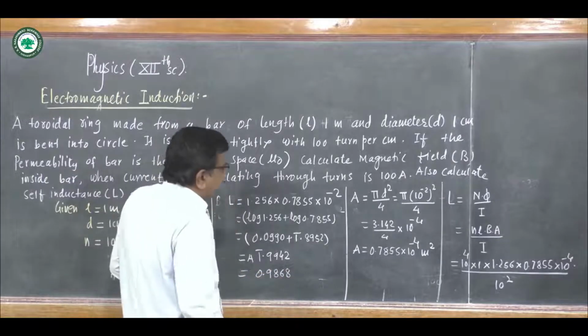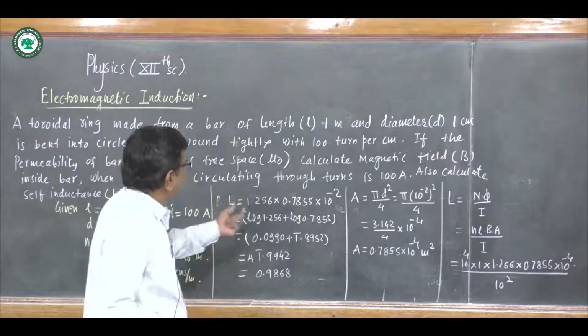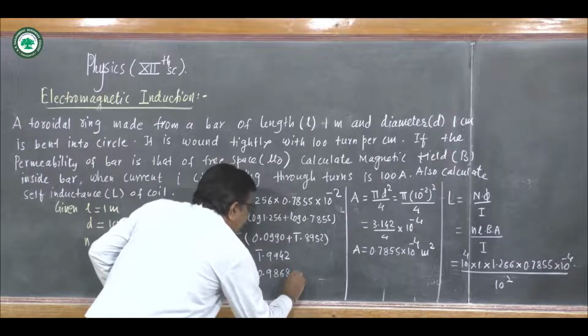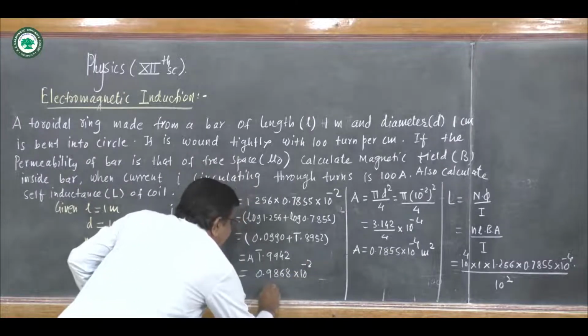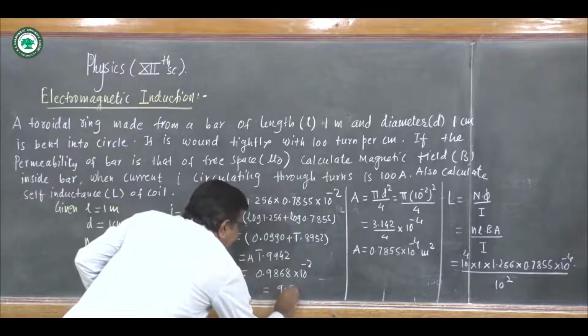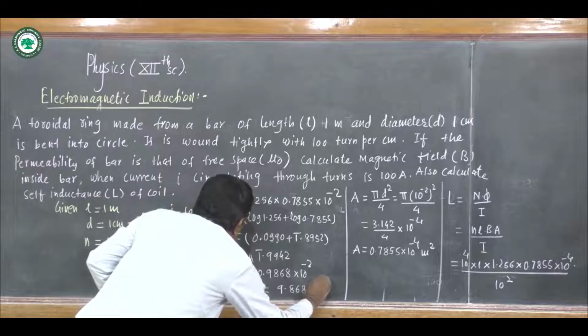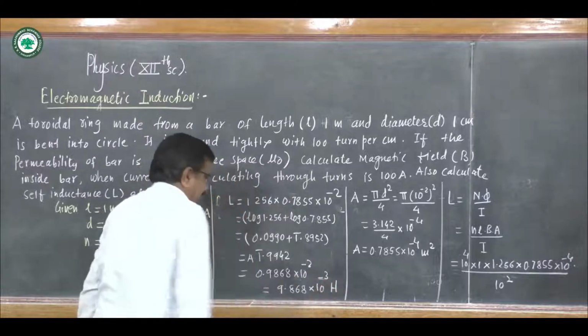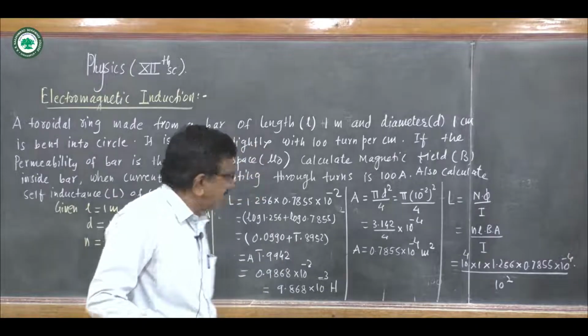But this is already multiplied by 10 raised to minus 2, so we write it as 9.868 into 10 raised to minus 3 Henry.